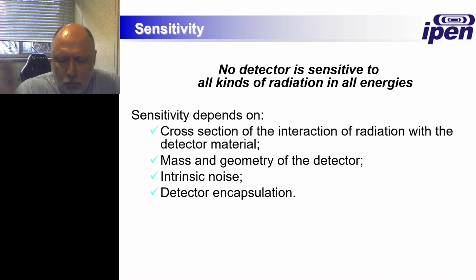And just a quick thing here, in this class I'm more interested in showing you how much all the things we've learned so far have to do with, for instance, choosing the right detector, right? And how detection has to do with interaction of radiation with matter, with all the things we have said before. Okay?